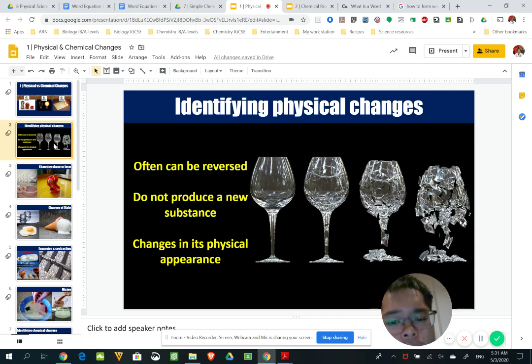The only difference here is the form changes from a beautiful, pure glass to something that's shattered into pieces. But this process of physical change is often reversible because it does not produce a new substance and it only changes its physical appearance. So if you remember the glass here, as long as it is not changing to a new substance, that is the key pointer of any physical change.